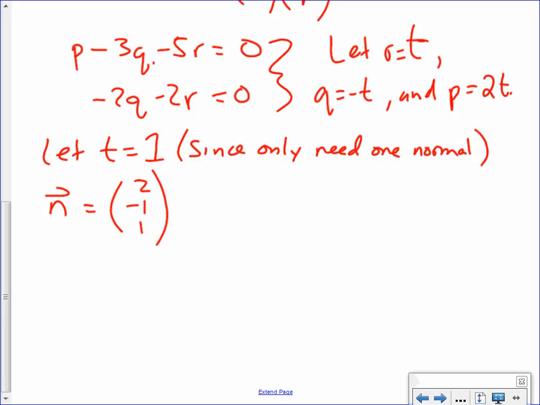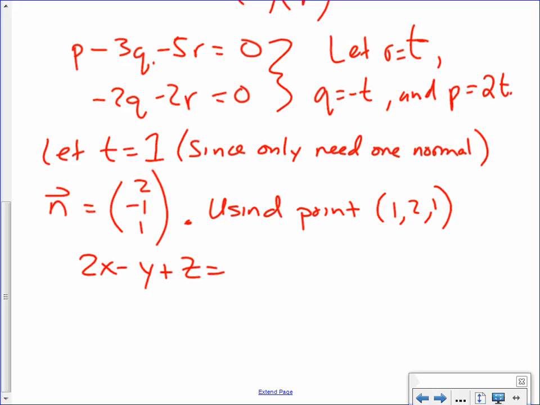Okay, so using the point (1, 2, 1), we're going to have the equation 2x minus y plus z is equal to some constant k, or d. Probably should have used d.